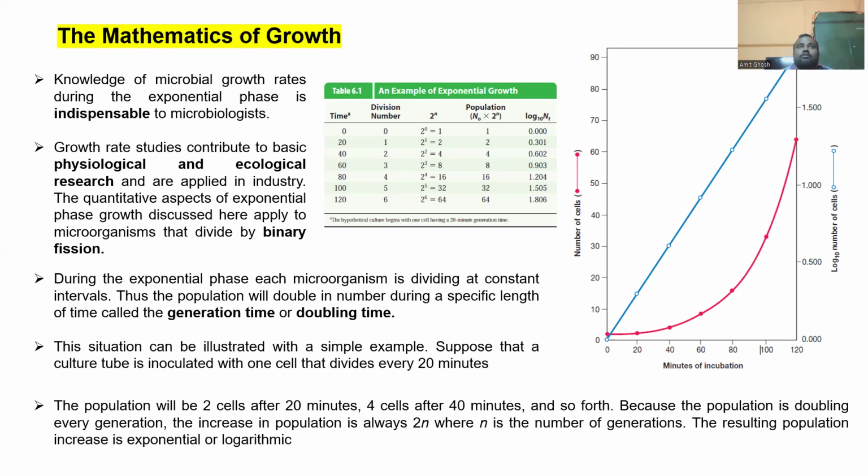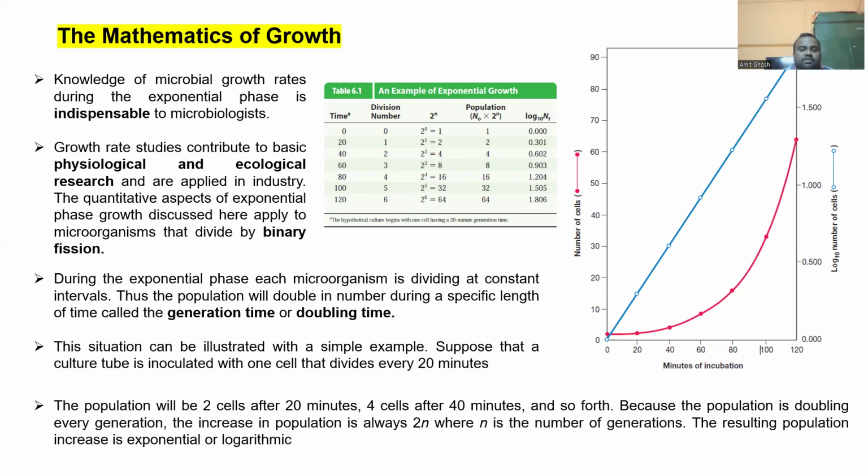This is very important not only for research purposes but also in industry and for economic purposes. Growth rate studies contribute to basic physiological and ecological research and are applied in industry. The quantitative aspects of exponential phase growth discussed here apply to microorganisms that divide by binary fission.